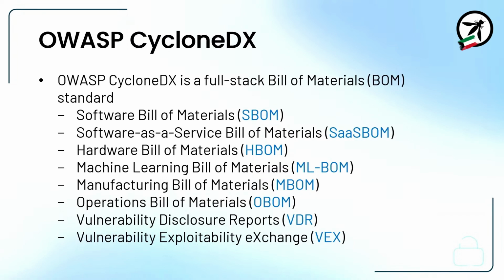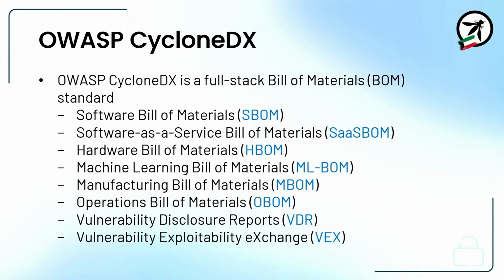It is a full stack bill of materials, not just software bill of material, but it also covers software as a service bill of material, hardware bill of material, which is widely used in industrial control systems, IoT, electronics, machine learning bill of material, manufacturing bill of material, operations bill of material, vulnerability disclosure reports for vulnerability intelligence, and VEX, vulnerability exploitability exchange.